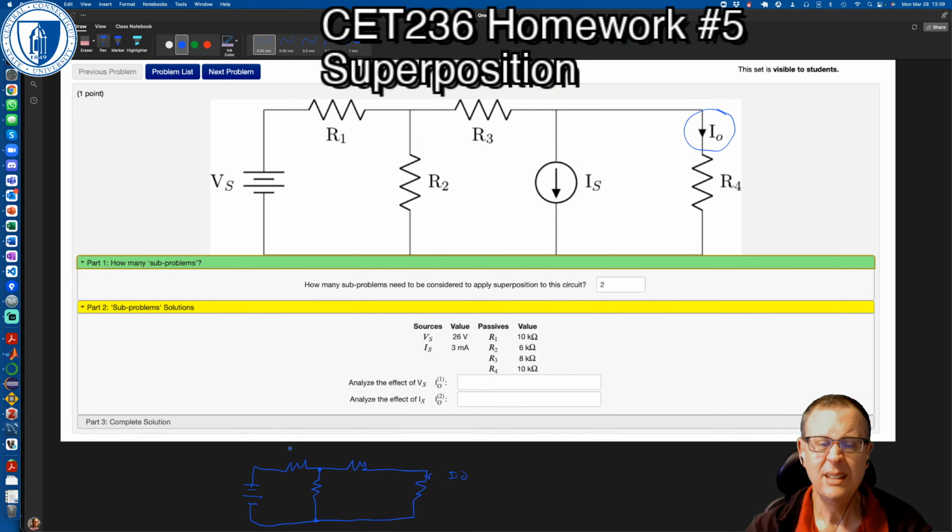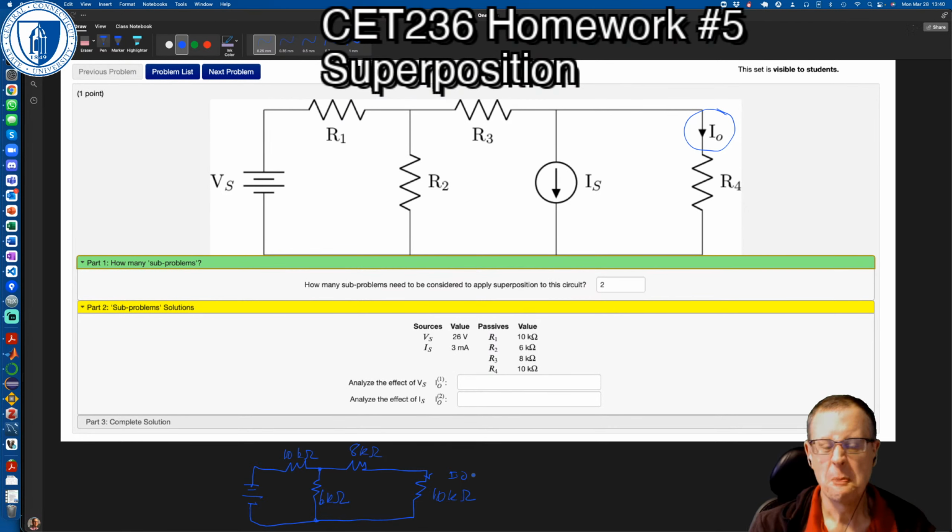Now R1 is 10k ohms, R2 is 6k ohms, R3 is 8k ohms, and R4 is also 10k ohms.